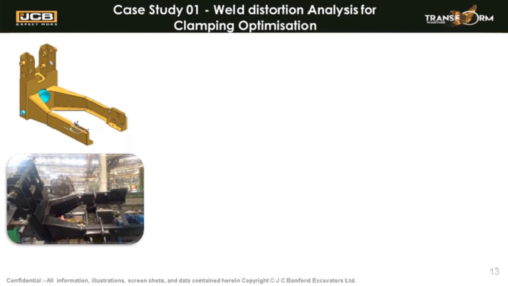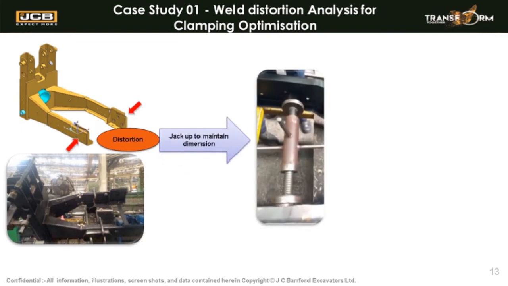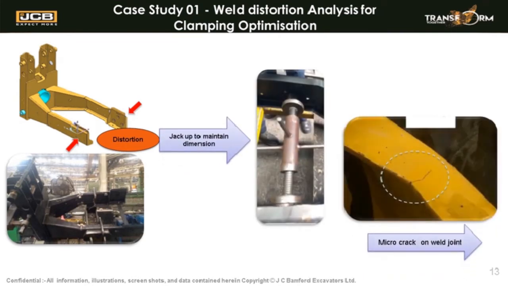Now, in order to fit the axle and maintain the tolerance, the chassis was jacked out. And guess what? This causes cracks to appear. And those cracks are in this joint just here. And unfortunately, this was found very late in the design and the development process.